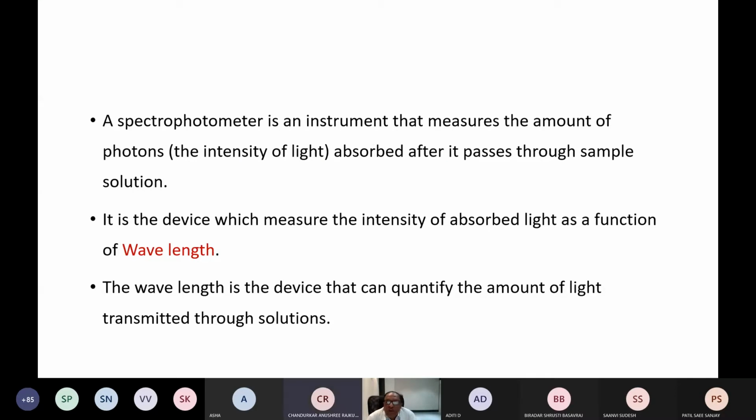It is an instrument that measures the amount of photons or the light absorbed after it passes through the sample solution. You must have got an idea what the colorimeter is and how it is operated.